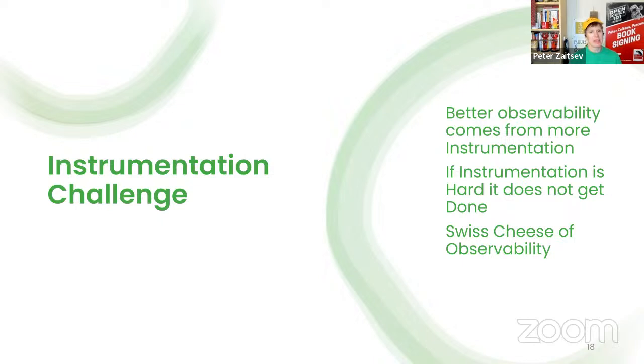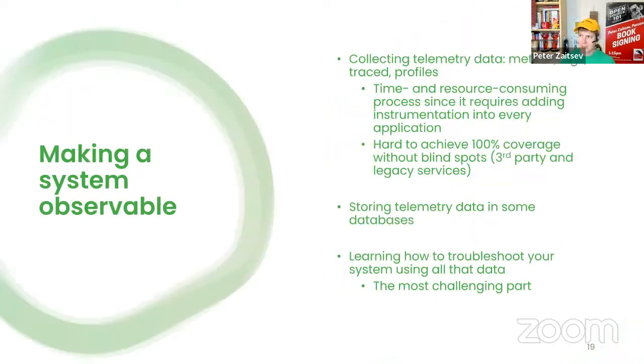And if that instrumentation comes with a lot of code changes, then it's not getting done. I mean, in some cases, because developers don't have that time on their hands, or sometimes you have parts of a system which are just written by third parties where that instrumentation is not quite possible. And what happens with this is we get something like a Swiss cheese of observability, right? Where certain components of your application are instrumented very well, and others not so much.